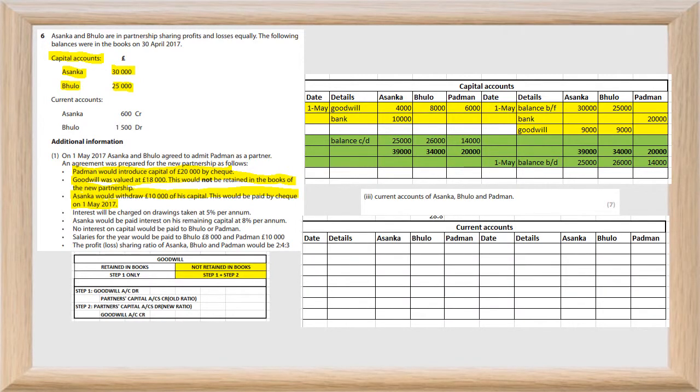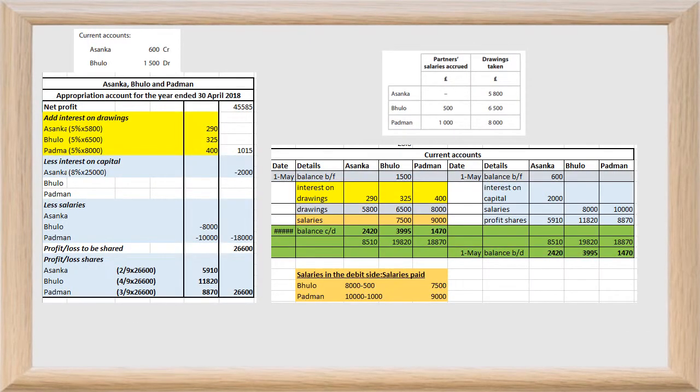Bringing that to an end, Part 3 asks us to prepare the current accounts for the 3 partners. Again, first identify the information we should enter here. We should start with the opening balances. Then move on to the information in the appropriation account. Everything that is added in the appropriation account should be credited, and those subtracted should be debited.